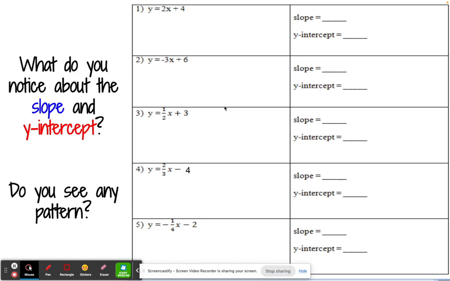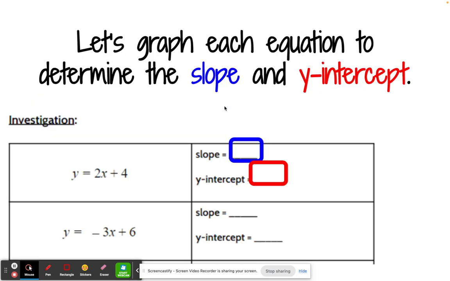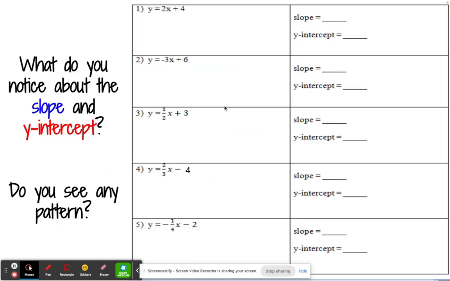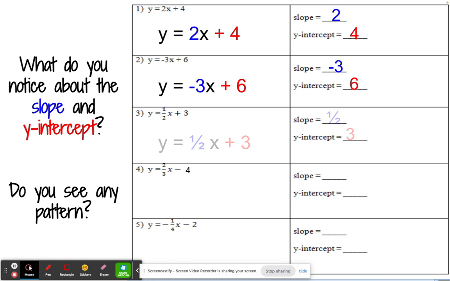Okay, let's talk about what you may have noticed. For y equals 2x plus 4, your slope was 2, your y-intercept was 4. For y equals negative 3x plus 6, your slope was negative 3, your y-intercept was 6.